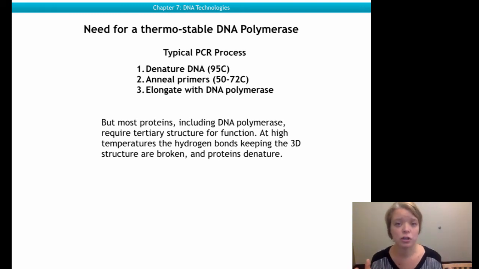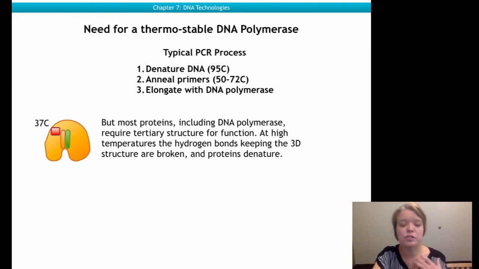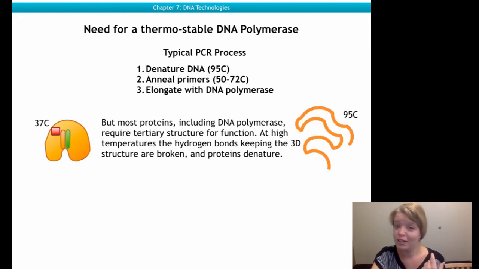Because the tertiary structure, the three-dimensional structure of the DNA polymerase, is critical for its function. Otherwise, the aspartate residues are not in the active site. They're not creating this nice little pocket for the aspartate residues to hold the magnesium in just the exact location, in just a precise orientation, so the DNA polymerization can occur. So at 37 degrees, a DNA polymerase from E. coli will be functional, but at 95 it will not be. It will be just a strand of amino acids, completely denatured.